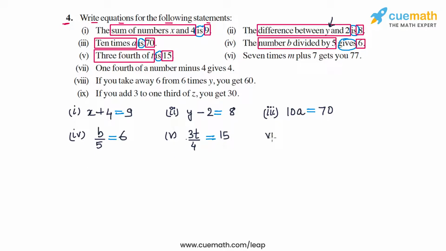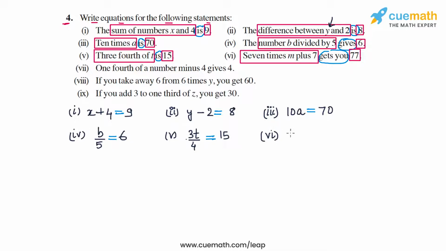In part 6, the statement says 7 times m plus 7 gets you 77. So gets you means equal to, is equal to 77. So that means that the LHS is 7 times m plus 7, and the RHS is 77.